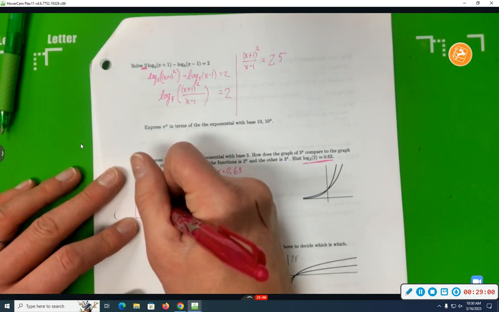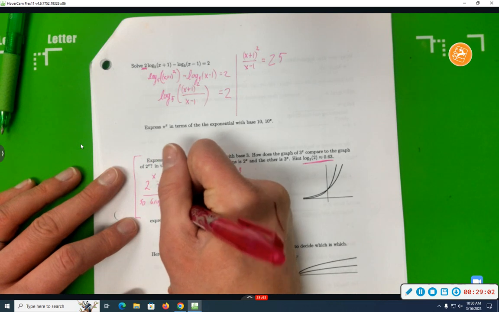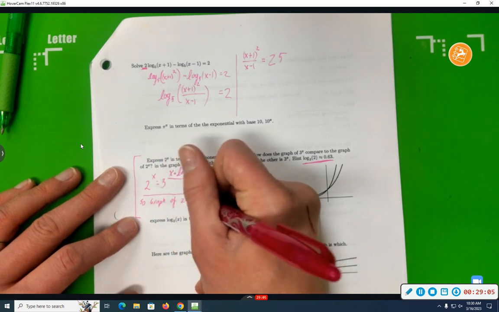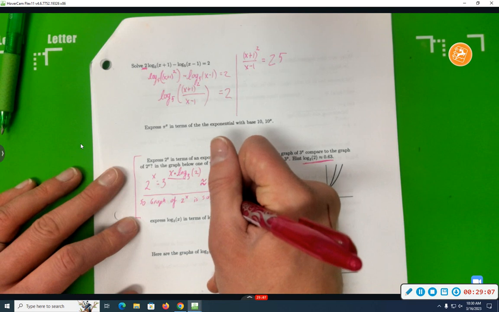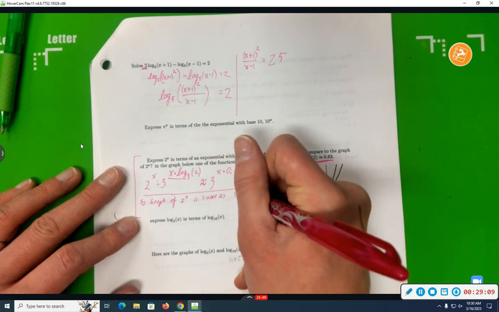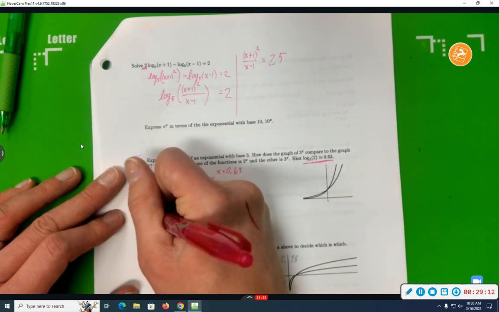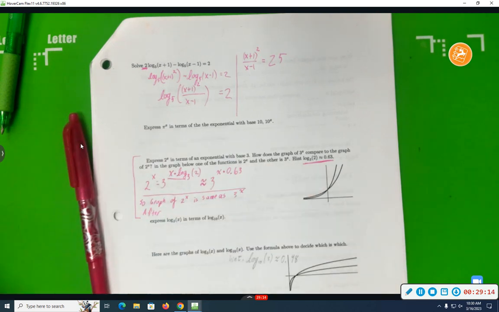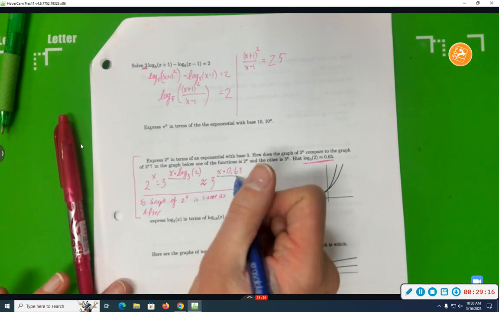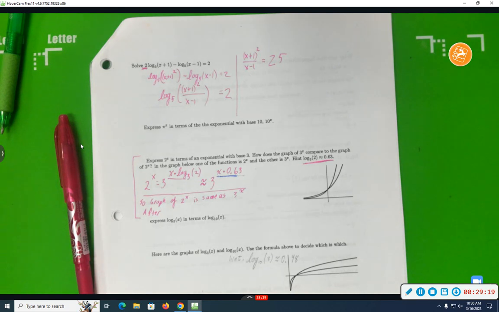Let's put this into words in terms of graphs. So 2 to the x is the same as 3 to the x, but it looks like the x in this formula has been multiplied by about 2/3. What happens to a graph when you multiply the x in the formula by a number?